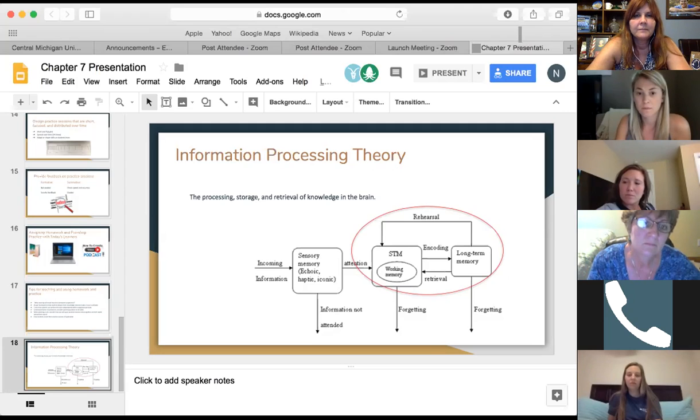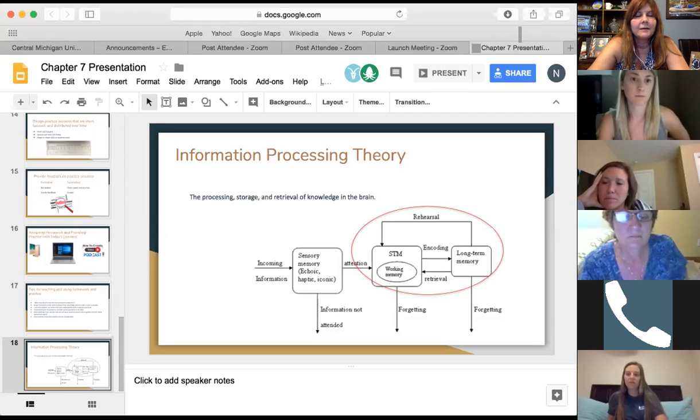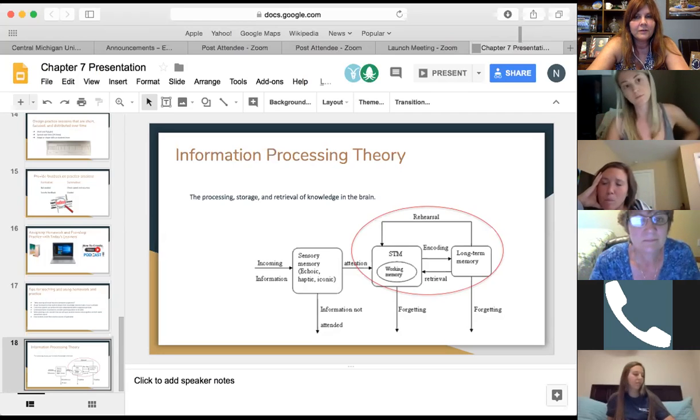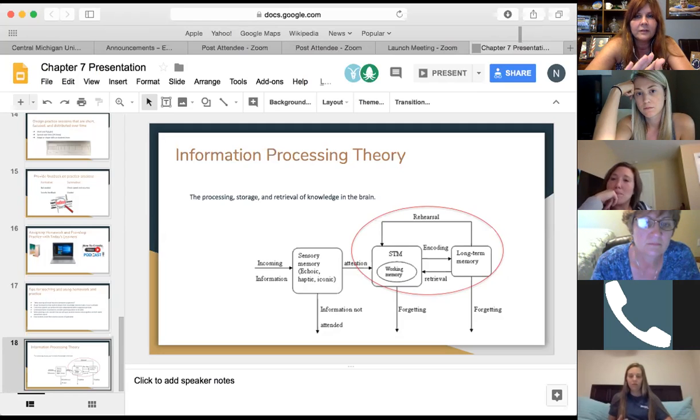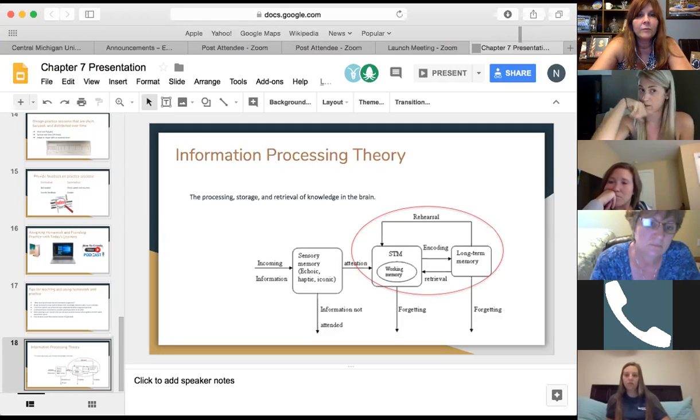What they found with their higher education students, I want to guess engineering off the top of my head, is that giving them nothing and making them take all their notes was more beneficial for recall. But in other studies I've read, they found that providing a note taker that organizes the notes and allows them to structure it, but leaving room for them to add notes, was better, which is one of the strategies that was presented tonight.